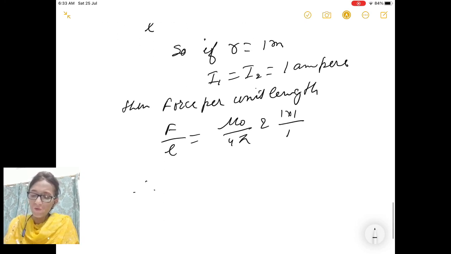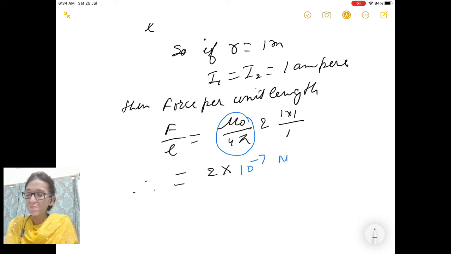So this force per unit length comes equal to 2 into 10 to the power minus 7 Newton per meter.